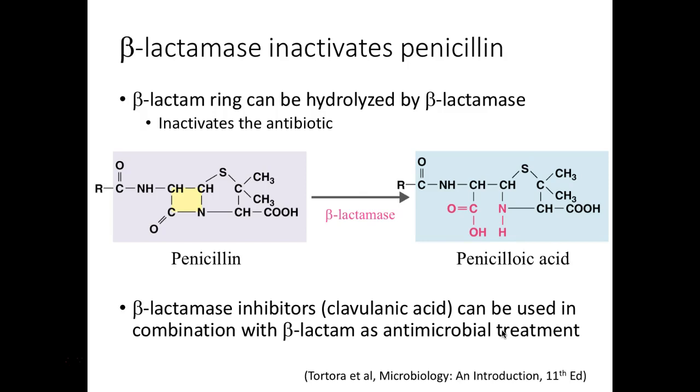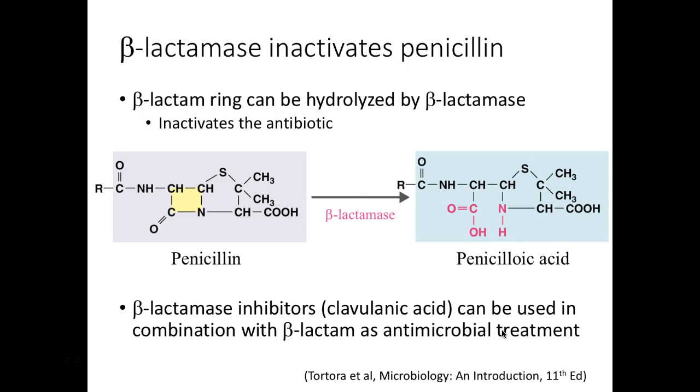Let's start with the Kirby-Bauer assay. So here's my plate. Let's imagine it's covered with bacteria already. On one disc, I add penicillin. On another, I add penicillin, and we'll add clavulanic acid. So we'll call it PCA.